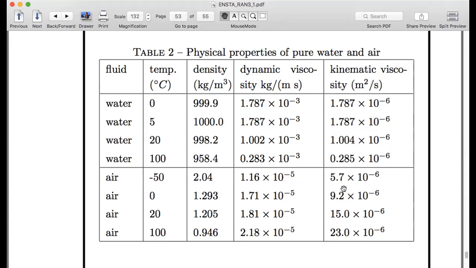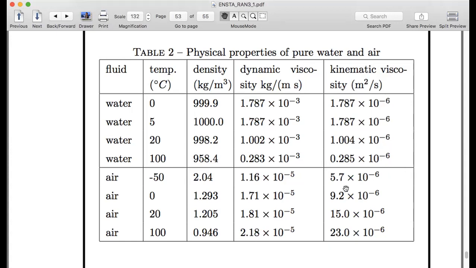If you have a flow field, and you solve the equations that govern this flow field, it's the Navier-Stokes equations you're going to solve, and it's the kinematic viscosity which is the parameter that enters the Navier-Stokes equations.